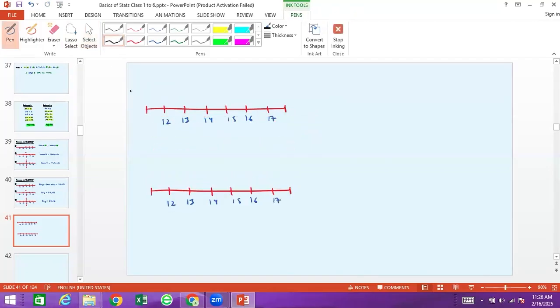Let's look at another two scenarios. Let's say scenario 4 and 5. Okay, scenario 4 is: I have most of my data points centered around 14.